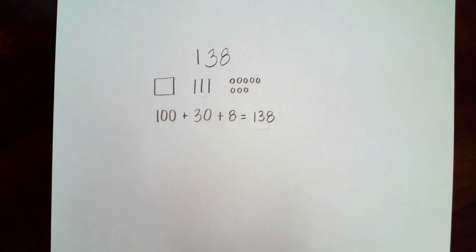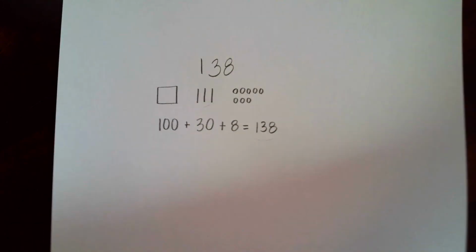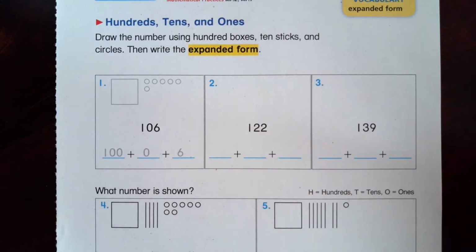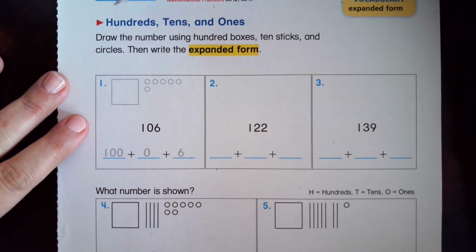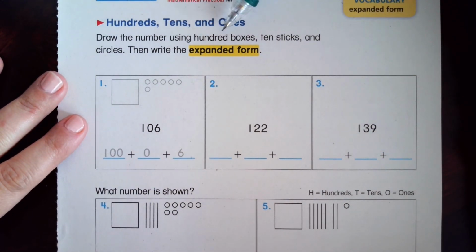So we're going to do a lot of practice with that today, drawing different numbers and writing them out in expanded form. So please make sure that you have page 79 from your math book in front of you. The directions say, draw the number using hundreds boxes, 10 sticks, and circles.